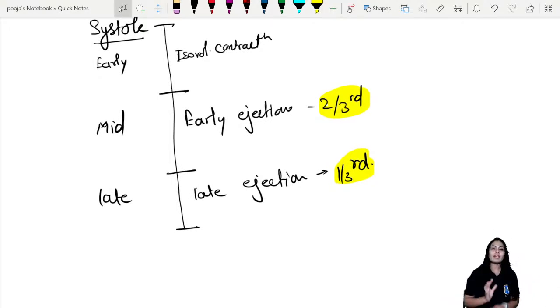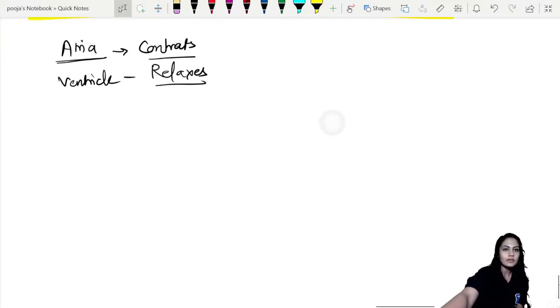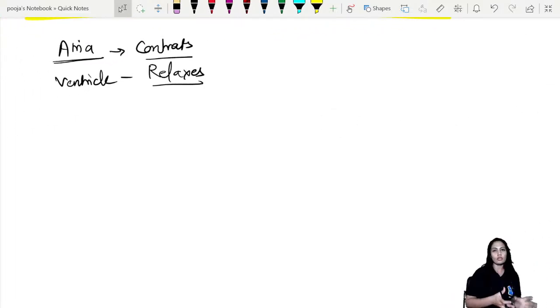The same way we have to make a graph or chart of diastole also, right? So what about the diastole? Let's learn that quickly. Once you understand this funda of the systole, the diastole will be very easy. Now we know that ventricles must be relaxing at some point, and as I told you, once the ventricles start to relax, at the same time, suppose this is the atria.